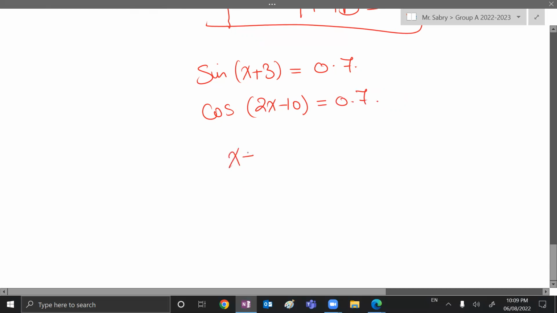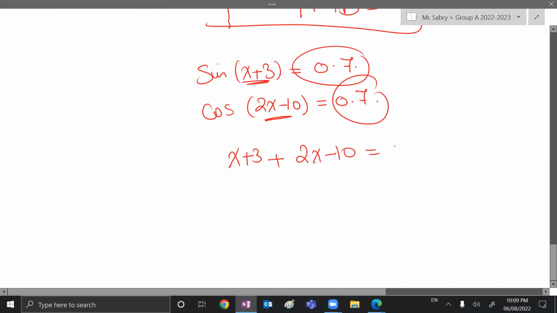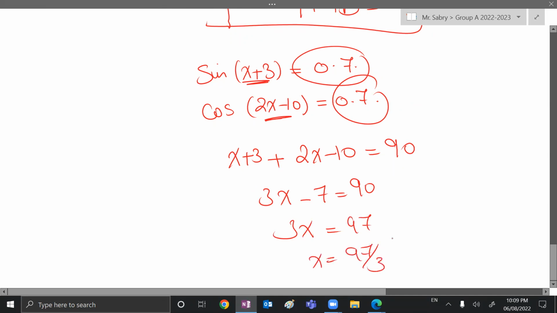It tells you that, because the sine and the cosine are equal, the angles added to each other should be equal to 90. You can solve this way and find the value of x: 3x minus 7 is equal to 90, which means 3x is equal to 97, so 97 over 3 is the value of x. This is one way.